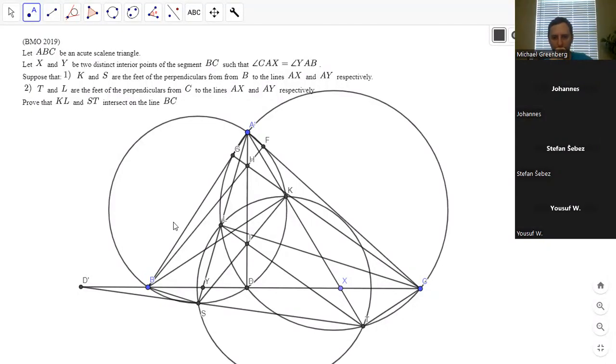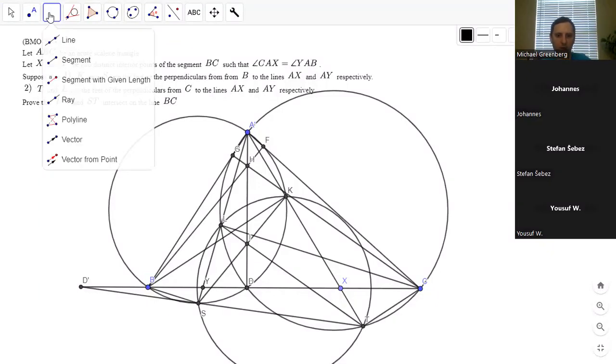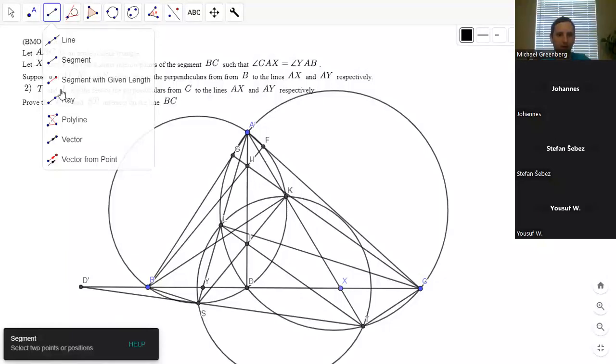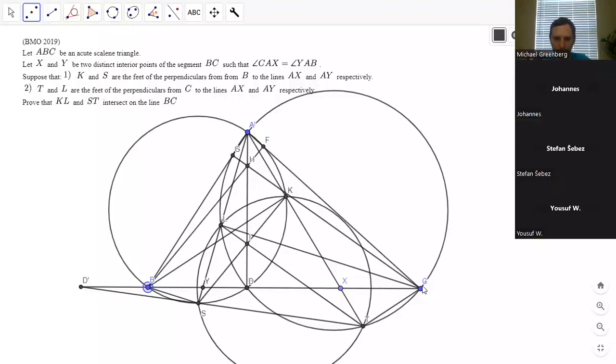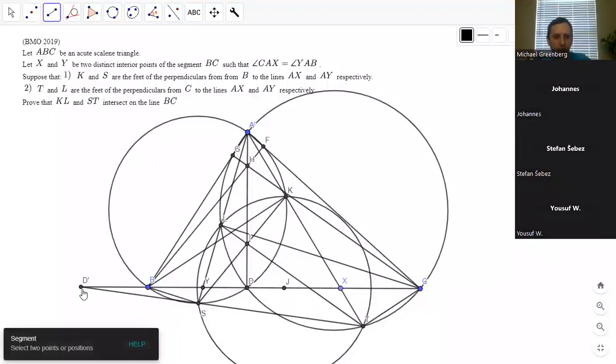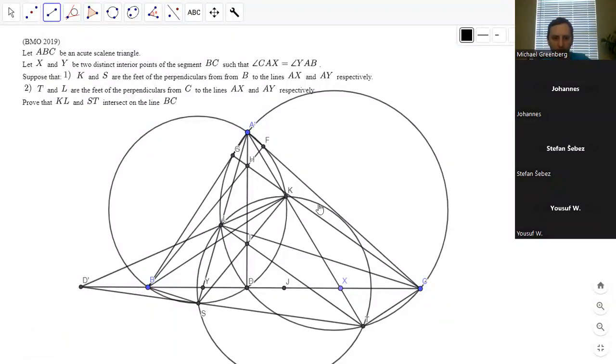Let J be the midpoint of BC. The midpoint of BC. Yeah. Okay. Okay, so we know that these concur. No, we have to show that.